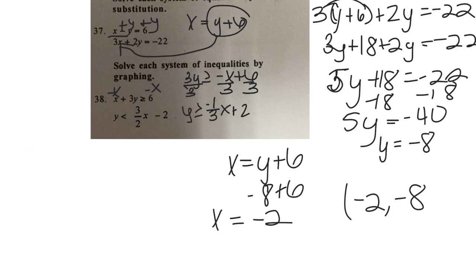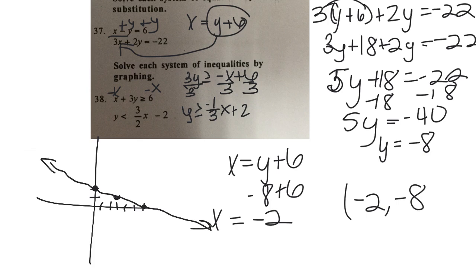I only flip the inequality if I divide by a negative, which I did not. So now I have the two equations I need to graph. Positive 2. I'm going to go down 1 and over 3. Down 1 and over 3. And this is a solid line. And then my other equation is at negative 2.